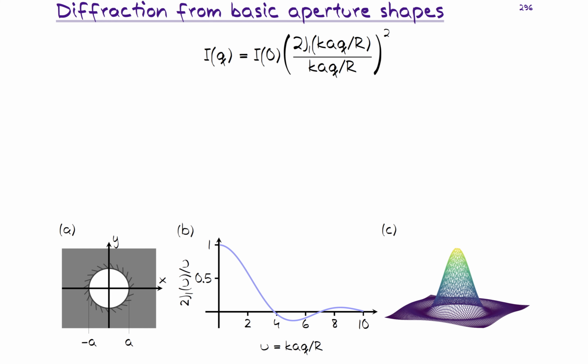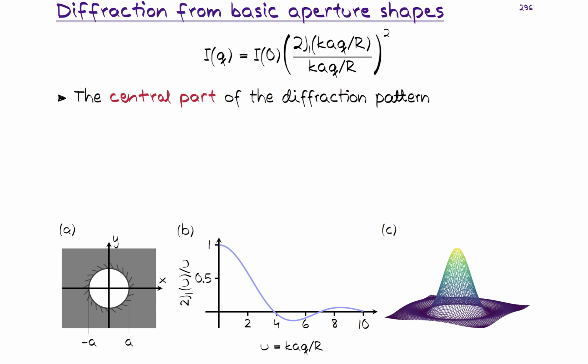So this is the diffraction integral, the irradiance distribution as a function of q, and q is essentially the distance at the observation plane from the origin, the x0 and y equals 0 case, and this is how things look. And now the thing here is that the central part of the diffraction pattern tends to 0 at a location where kaq divided by R is roughly 3.83.